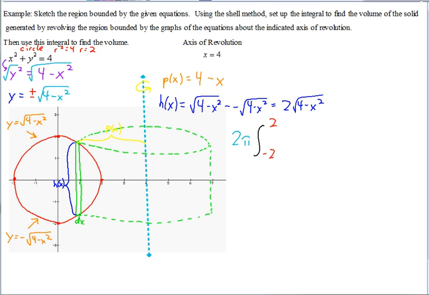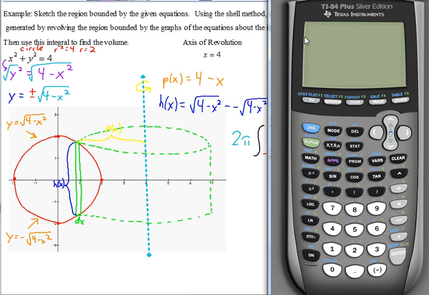And then we have a radius, which is 4 minus x, times the height, 2 times the square root of 4 minus x squared, all times dx. If you want to, you could pull the 2 out along with the 2 pi, but you don't have to. So let's just evaluate this using our calculator. In this case, we didn't really need it to graph it for us, just this last part.